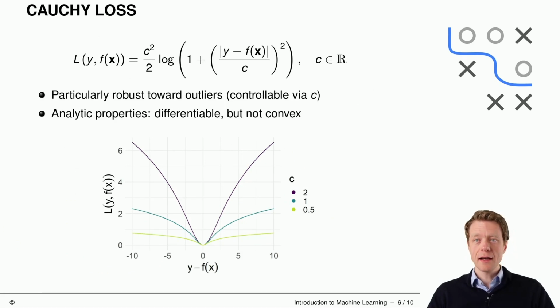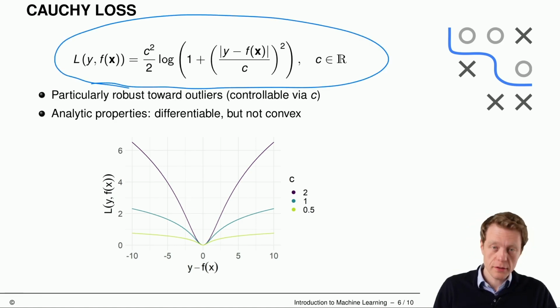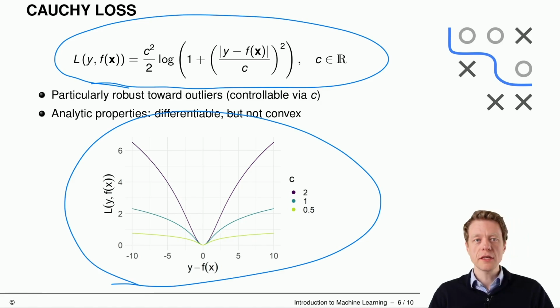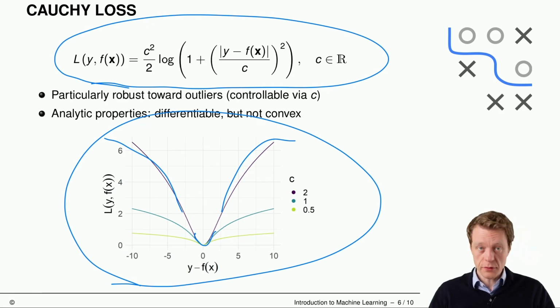Okay, next up is the Cauchy loss. I don't really want to speak too much about this formula here. You can read it or not, that's on you. But let's rather have a look at the plot here. What you hopefully see is that this function is not convex, right? So it's convex somewhere here, but then if we go to higher positive or negative values, then this thing turns around and is not convex anymore.